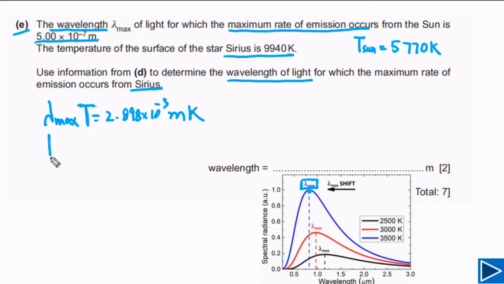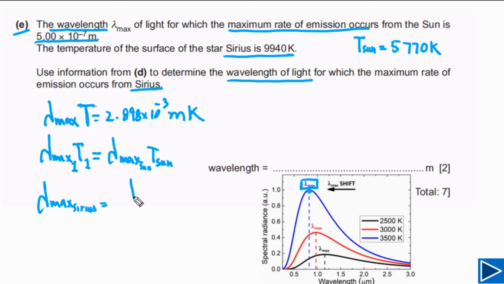Now simply we have to use this. So in this case, lambda max times T for Sirius is equal to a constant, and if we use the same for the sun, that also will be equal to lambda max times T. It simply means that the product of lambda max and T is constant. So I will use 1 for the star and S for the sun. We have to find lambda max 1, for Sirius.